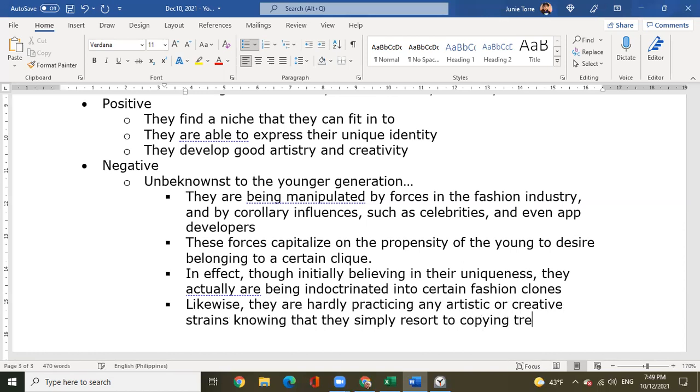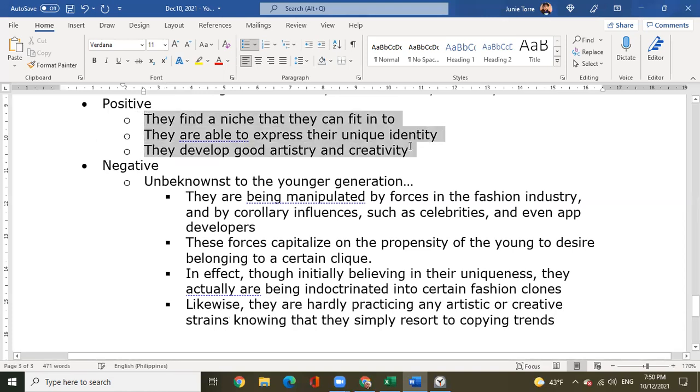There. All right. So I feel like I have killed these three arguments. They're dead.